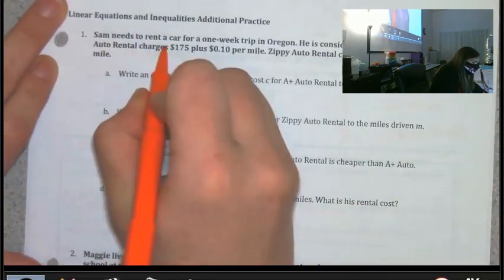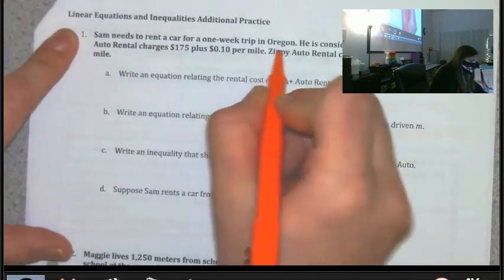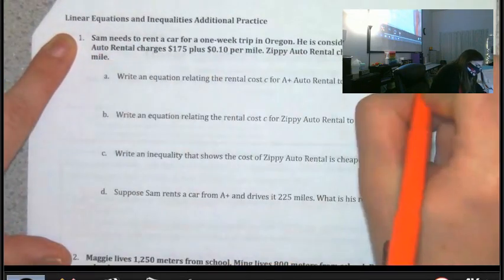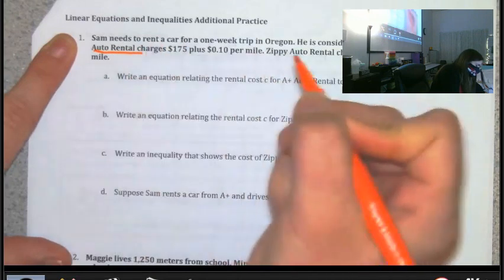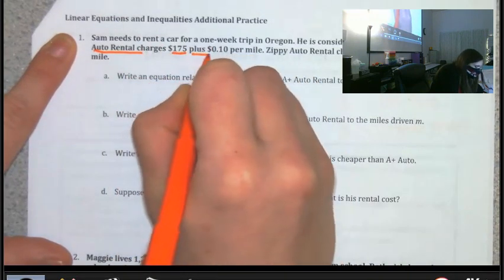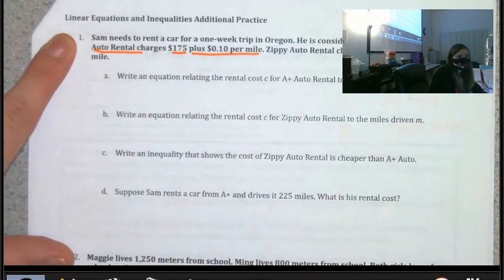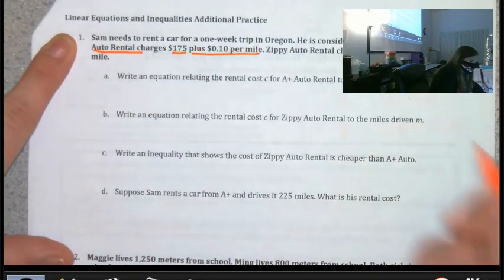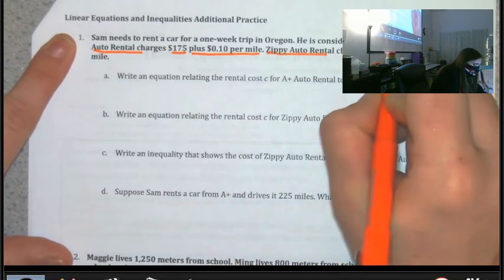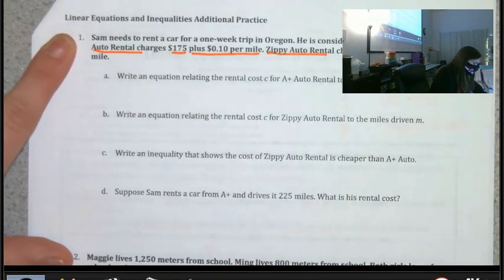All right, so Sam needs to rent a car for a 1 week trip to Oregon, okay? He's considering two companies. A Plus Auto Rental, they charge $175 for their fee plus 10 cents per mile. Zippy Auto Rental, they charge $220 plus a 5 cents per mile charge.